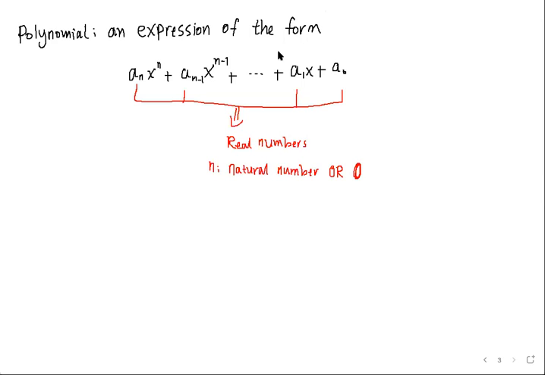So I will give you another definition, of degree. What's the meaning of degree? If the term a_n, this part here, is not equal to 0, then the polynomial has degree n.